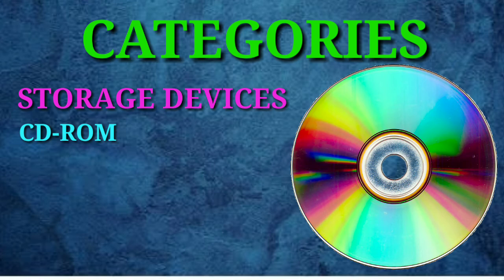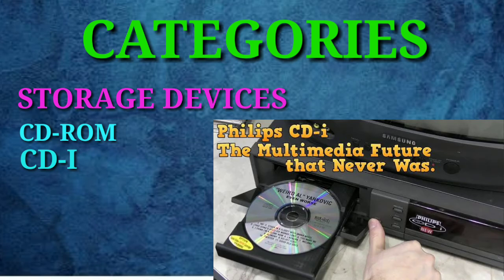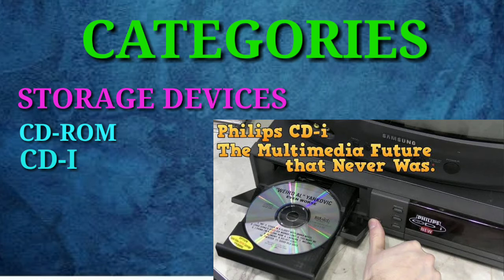Next is CD Interactive, which was released in 1993. CDI could be played on a CD player but not in a CD-ROM drive. The CD format was later modified to be read by both. CDI, that is CD Interactive, follows the Green Book standard of specification.